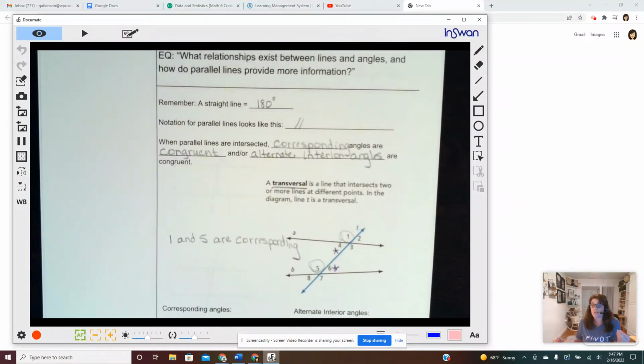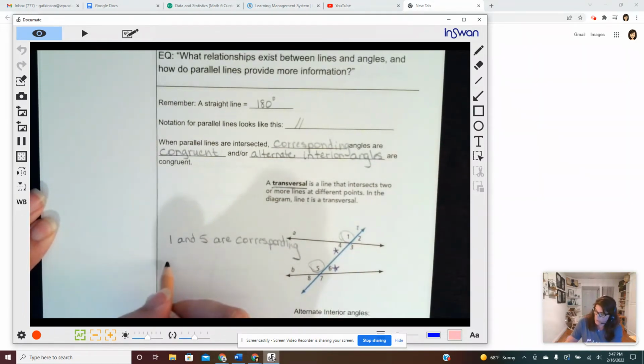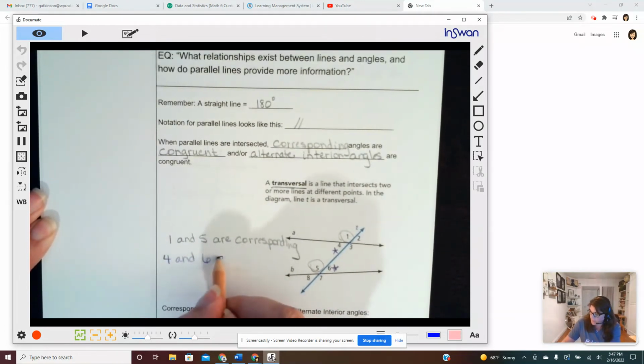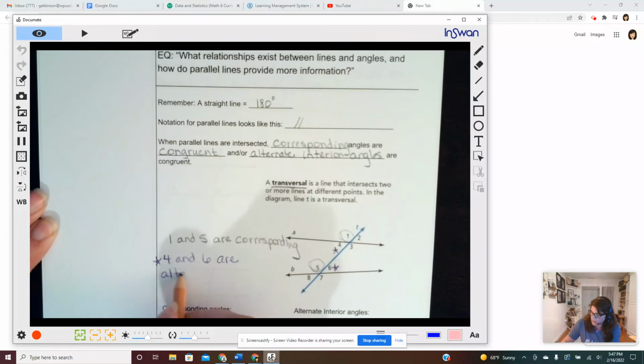When you learn to drive, you'll realize this is the awful part of trying to get from one of our shopping centers to the other. So in this case, 4 and 6 are, I'll put a star next to them, alternate interior.